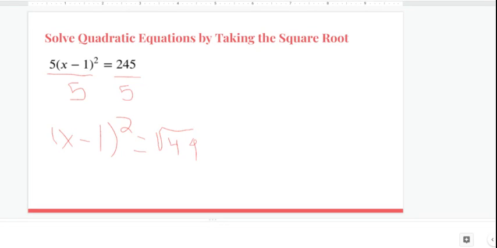So it's plus or minus the square root of 49. Oops, I'm going to erase this, because it should be x minus 1 equals plus or minus the square root of 49. And I know that the square root of 49 is 7.